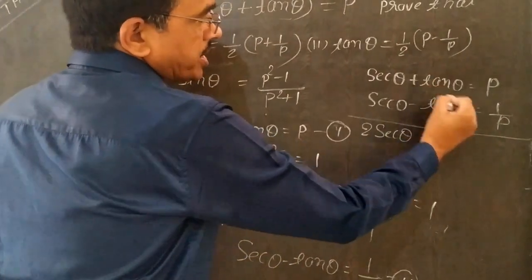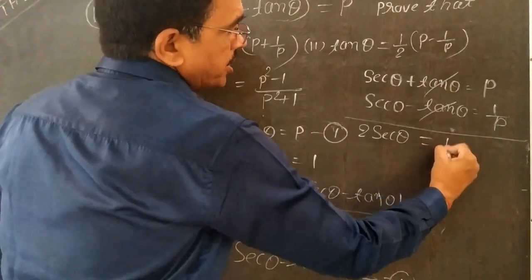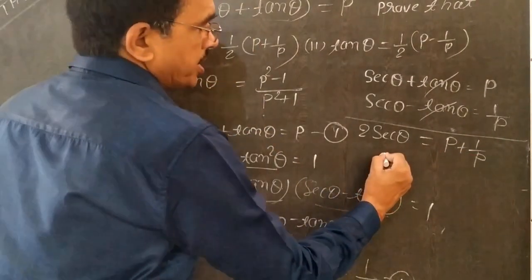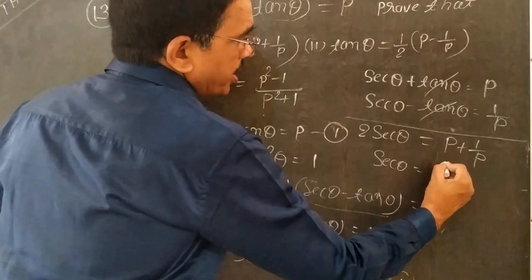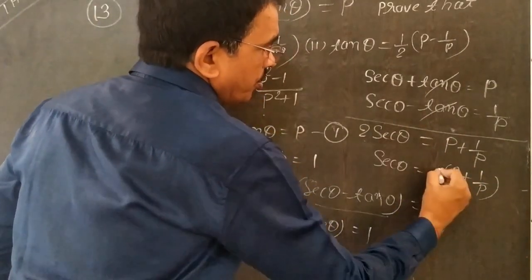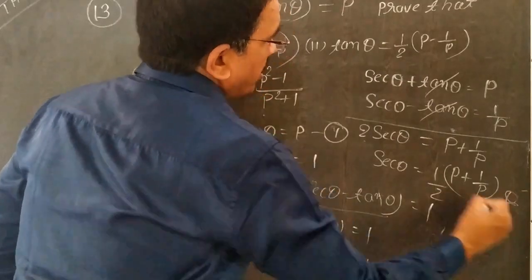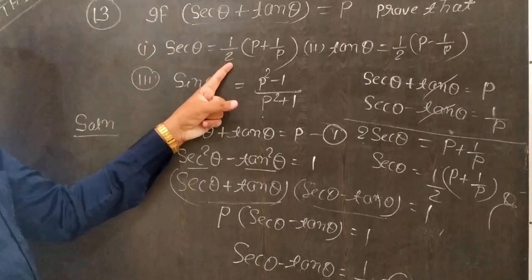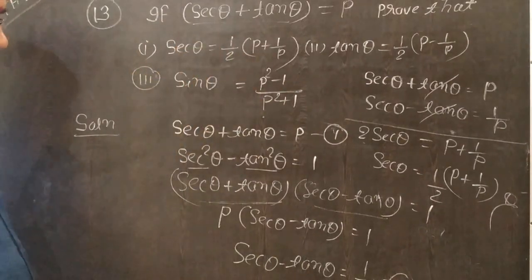But plus tan and minus tan will be cancelled. It is equal to p plus 1 by p. Then sec theta is equal to half of p plus 1 by p. And it is your solution. First, what is the sec theta? Sec theta is half of p plus 1 by p.